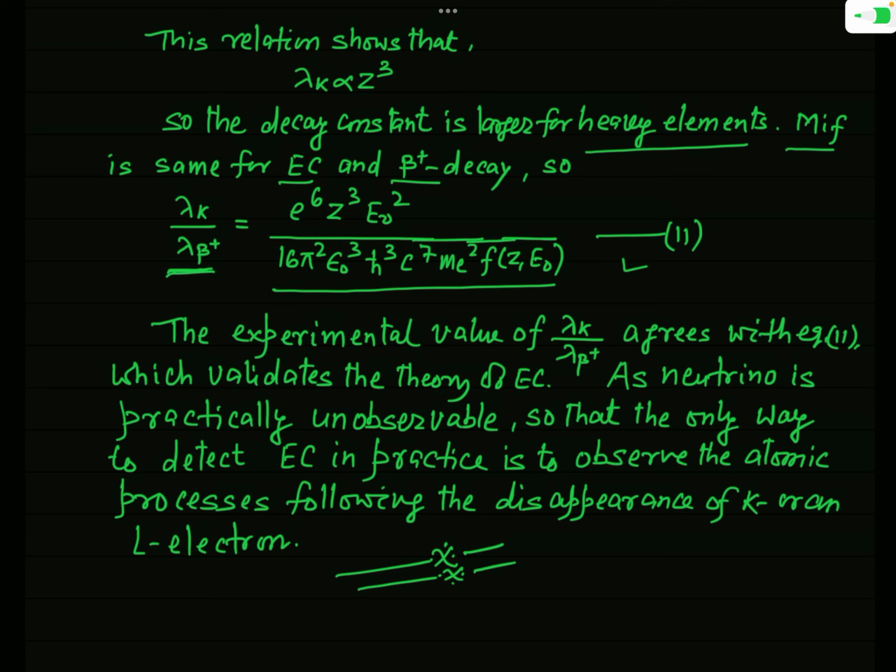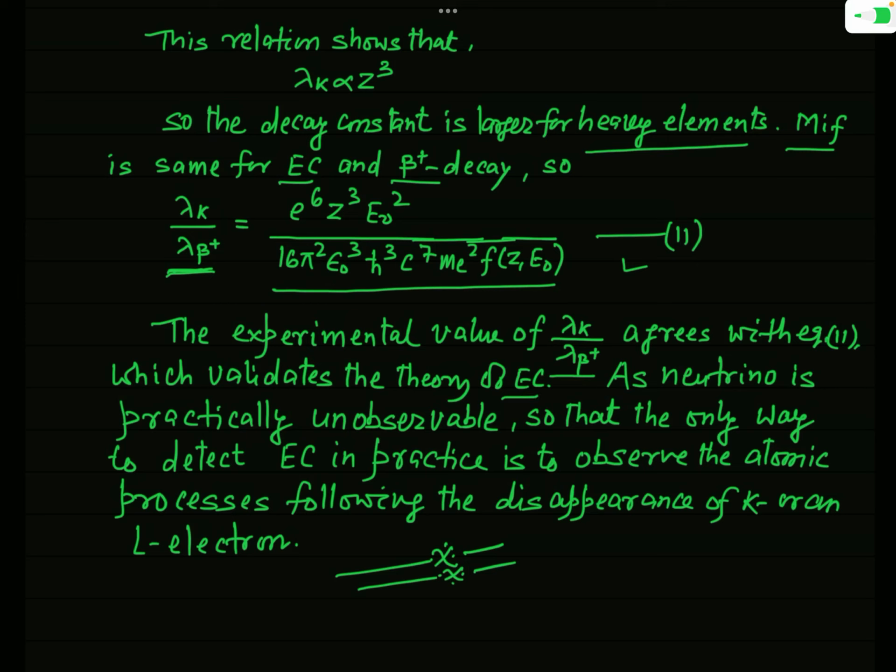So the theory which we have developed here is validated by the experiment. We simply say that the experimental value of lambda k by lambda beta plus agrees with equation 11, which validates the theory of electron capture.